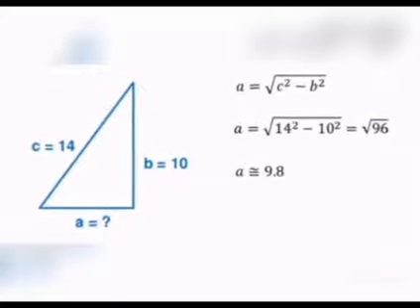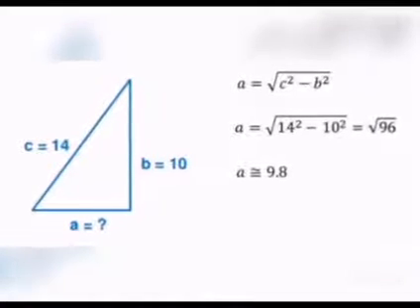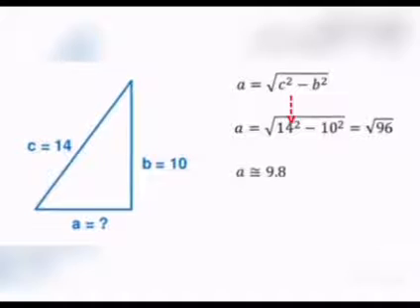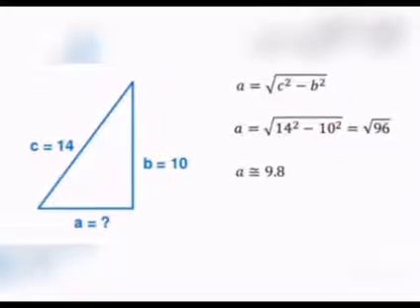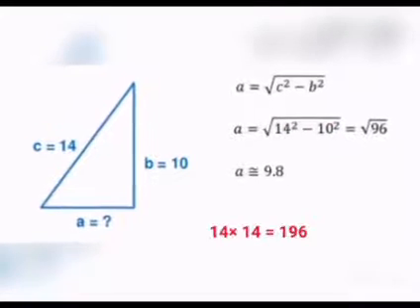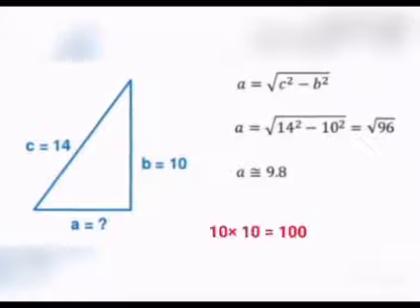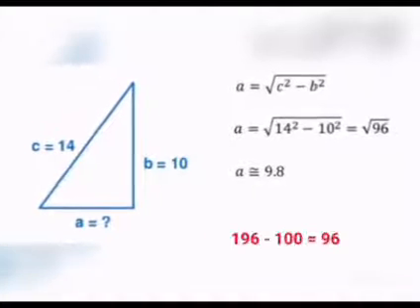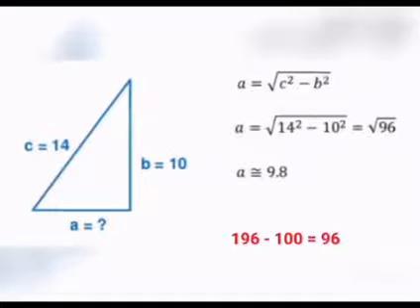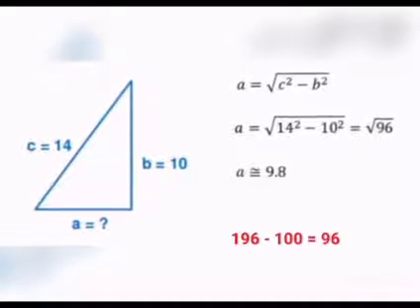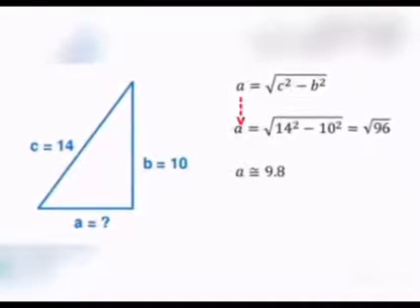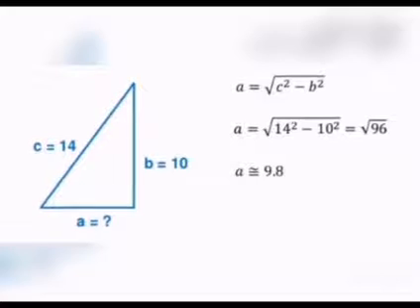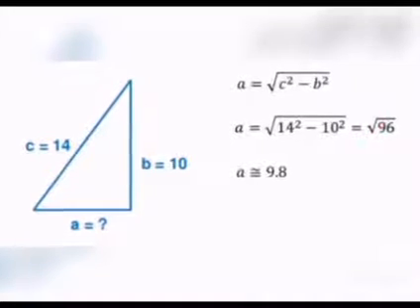Replacing the letters with numbers in the formula, we have that a equals square root of 14 squared minus 10 squared. 14 squared is 196. 10 squared is 100. Therefore, 196 minus 100 gives 96. There we have that a equals square root of 96.